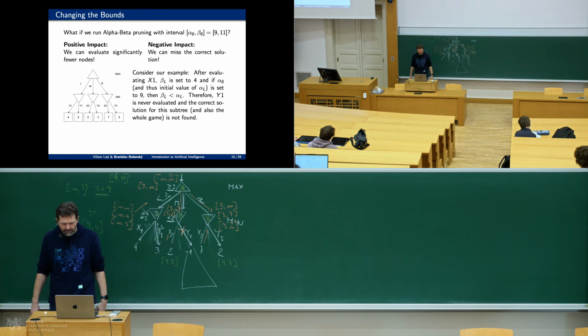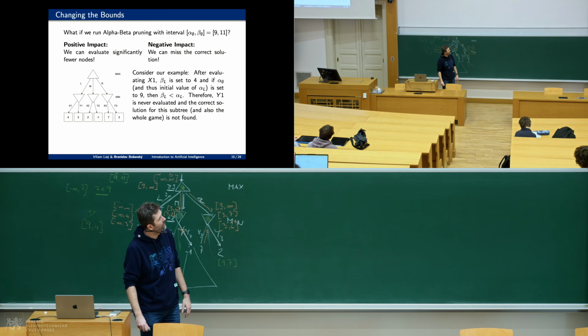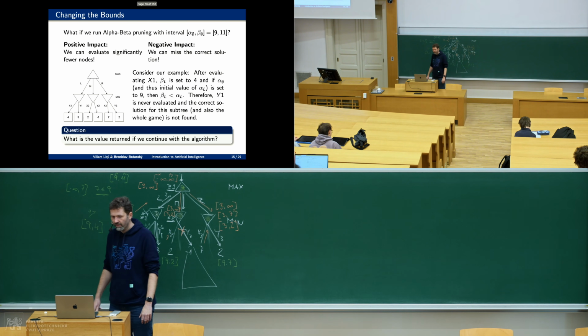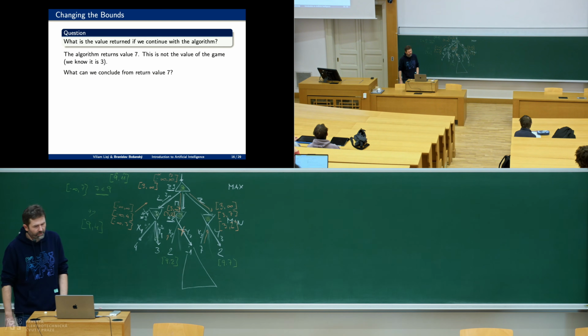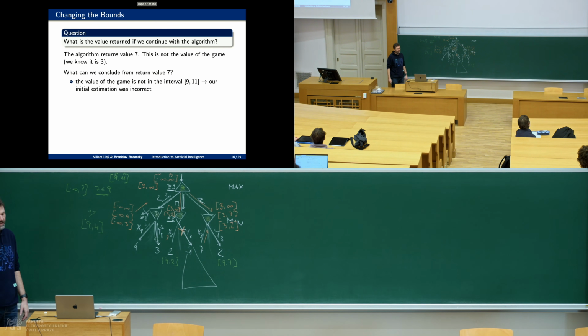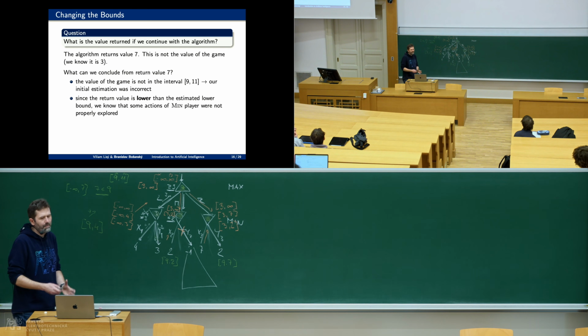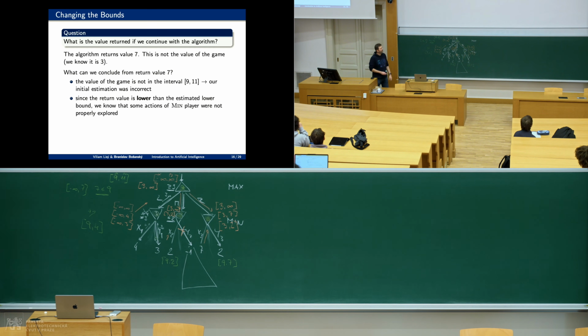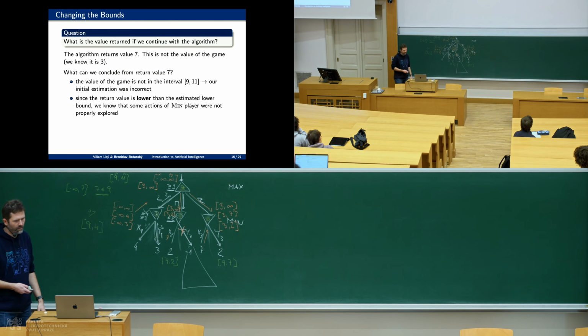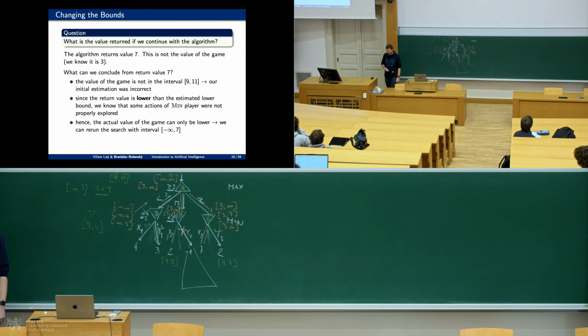Going through the example, the value that we computed is 7, and we can conclude that the value 7 indicates that the true value of the game would be lower than 7, because some of the nodes of the minimizing player were not properly explored, some actions were not visited, and we need to revisit those actions to actually get to the correct optimal solution.